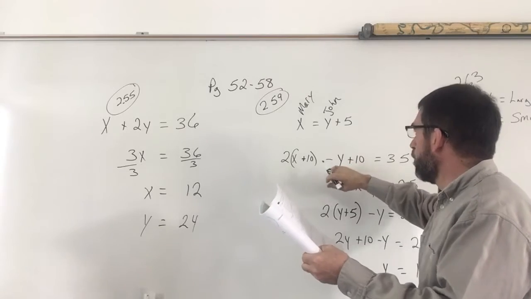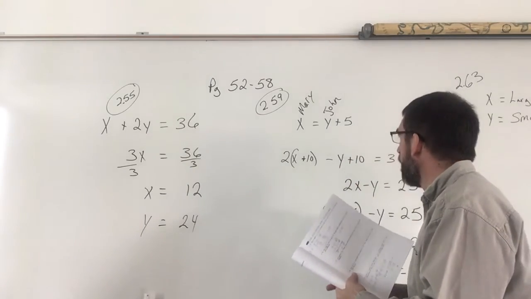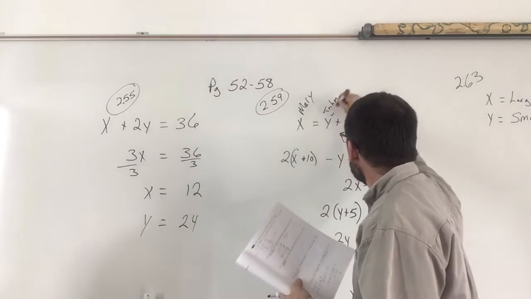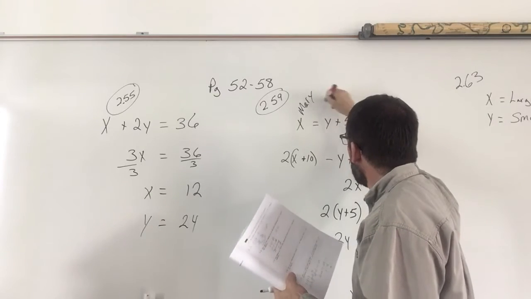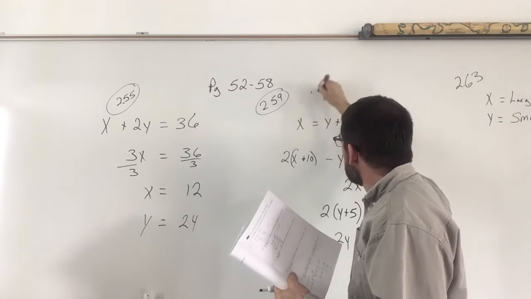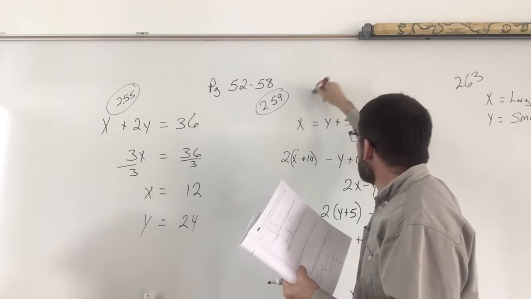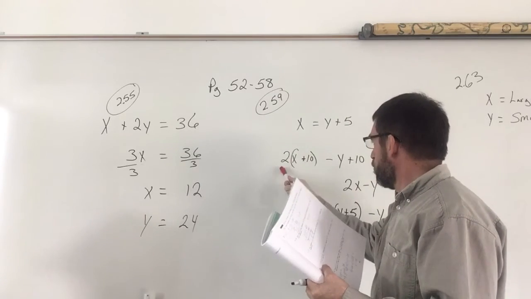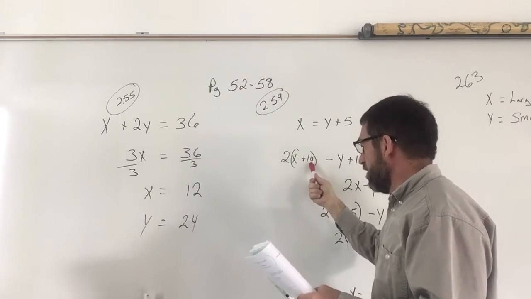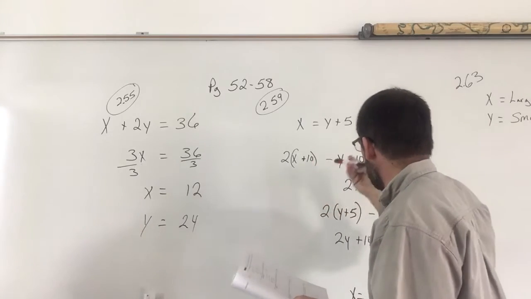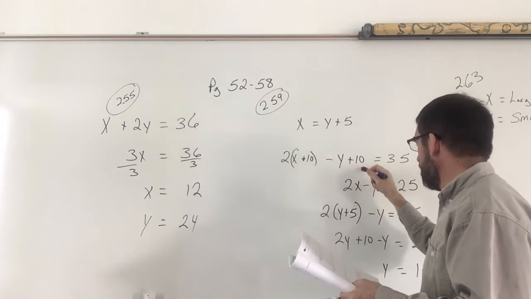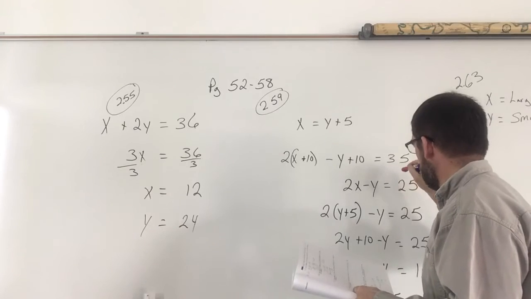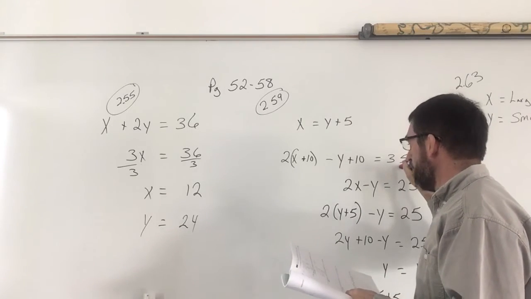Let me just erase this here. I still want John to be X. So 2 times X plus 10, that's in 10 years. Then you subtract Y plus 10, and that will be equal to 35.